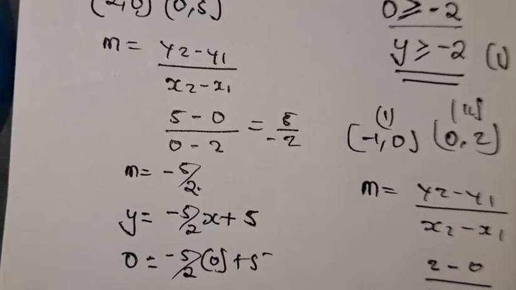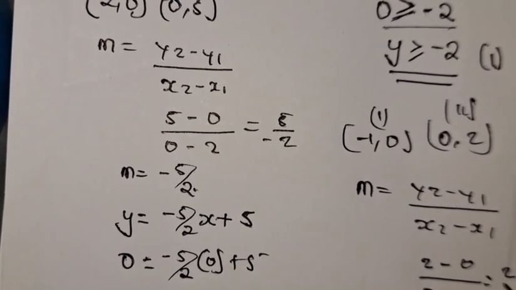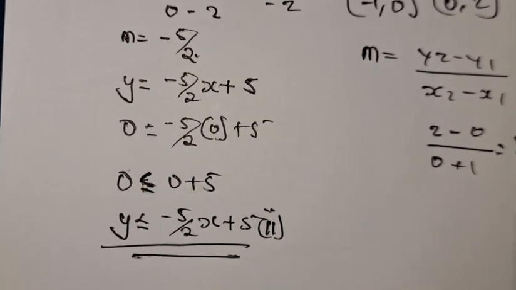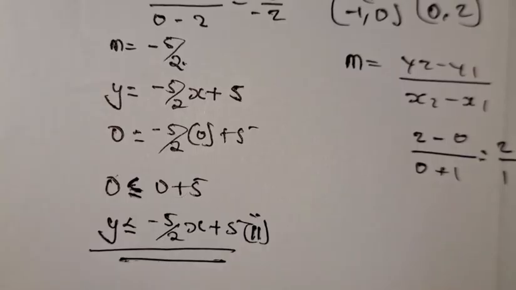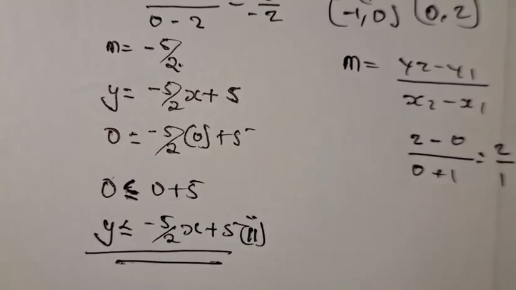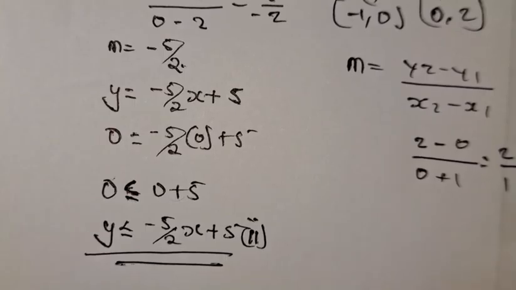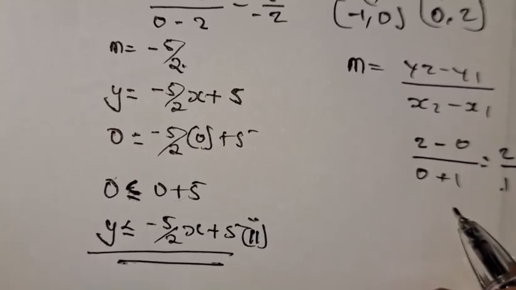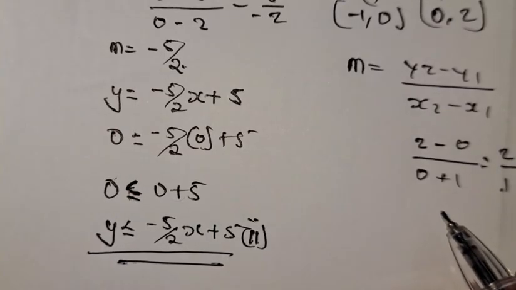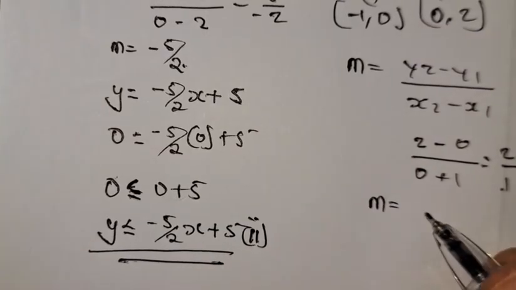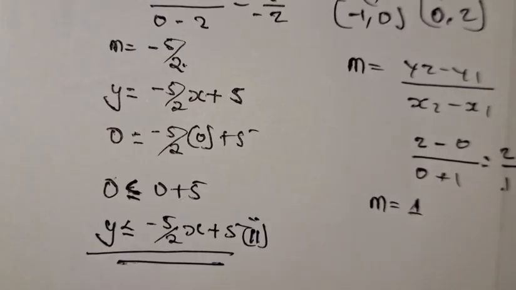Then finally, I'm going to have 2 over 1. So 2 over 1 is 2, so m is equal to 2.